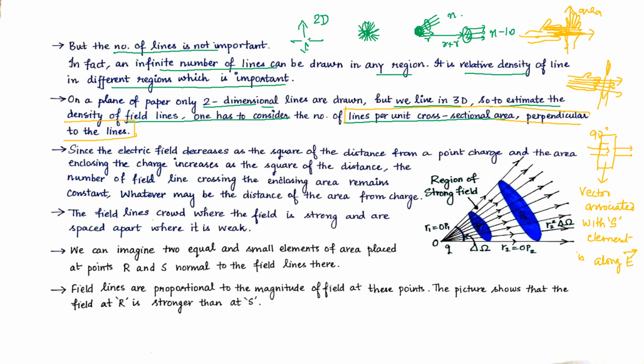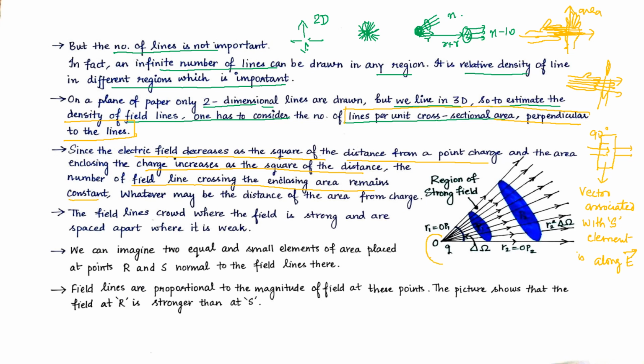Since the electric field decreases as the square of the distance from the point charge, and the area enclosing the charge increases as the square of the distance, the number of field lines crossing the enclosing area remains constant, whatever may be the distance from the charge. See here the pictorial representation.